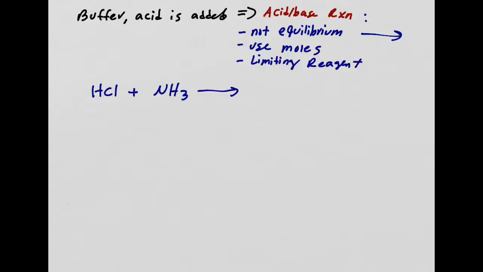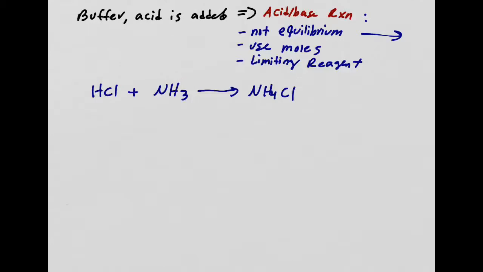Single arrow, the acid is going to lose a hydrogen and the base is going to get a hydrogen. So I end up with NH4, basically NH4Cl, because this one is going to lose the hydrogen and this one is going to get the hydrogen.